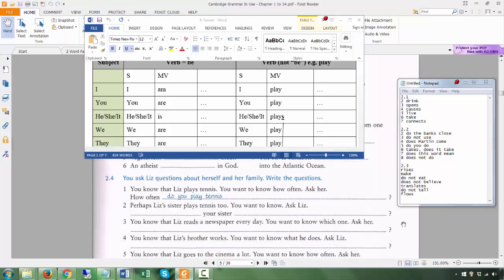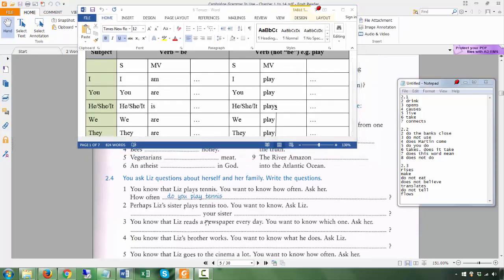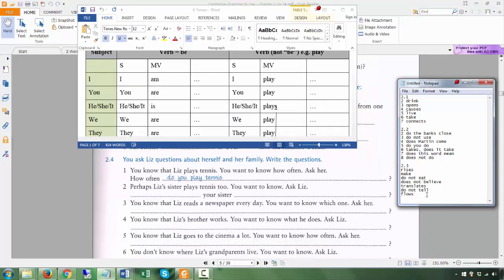Now this is a bit more complicated because it's going to be the question. Questions seem to be quite difficult for students. Especially in Singapore, a lot of times the question is not formed correctly. A proper English sentence would be, do you play tennis? A person could say, you play tennis?